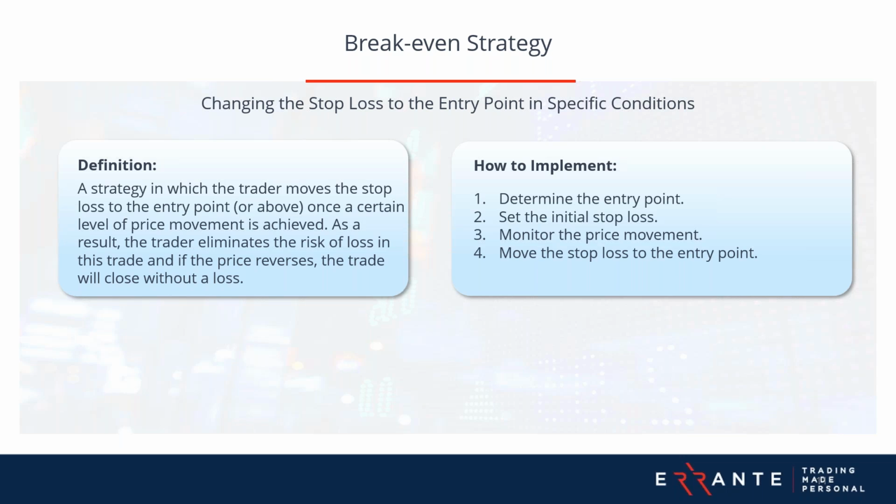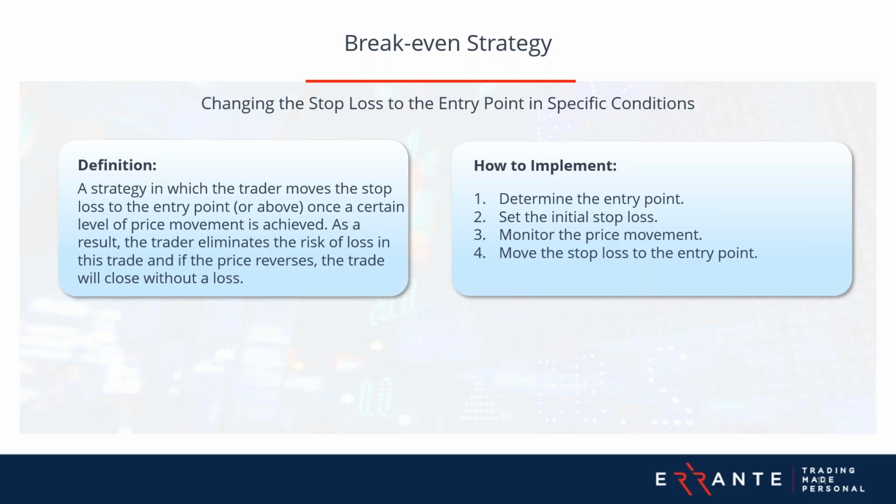And then the final step in this strategy is to move the stop loss to the entry point once the price has moved favorably by a predetermined amount, such as, let's say, 5 pips. Let's say the price has moved from 1.20 to 1.2050 in your favor. In this case, we have a 50 pips move in our preferable direction.